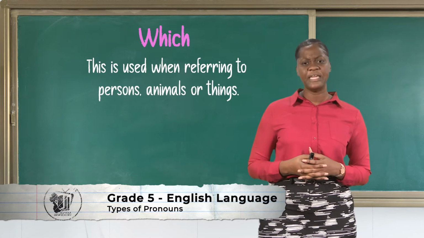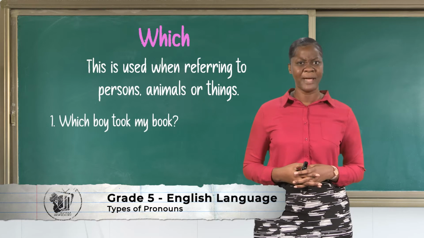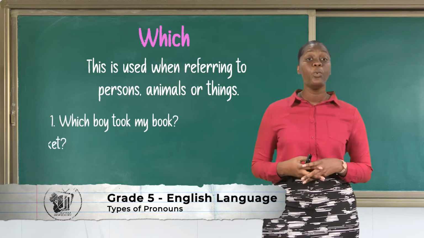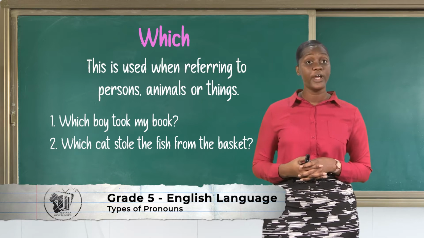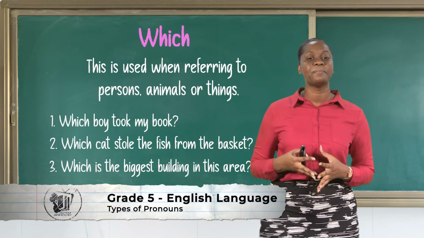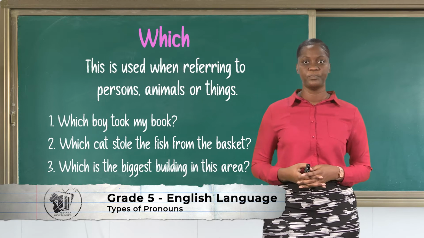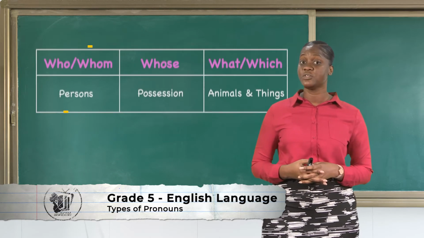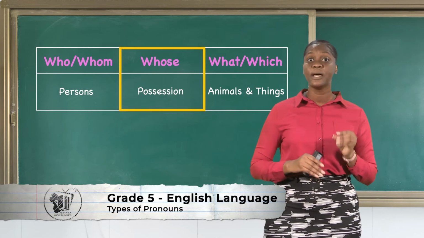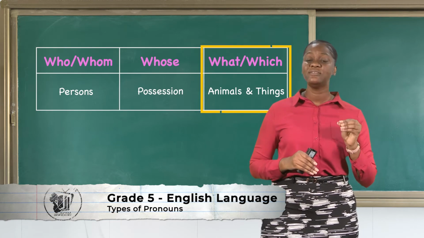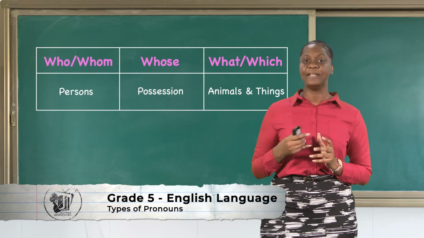So we may say, which boy took my book? Or, which cat stole the fish from the basket? Or, which is the biggest building in this area? So remember, boys and girls, who, whom, persons. Whose, possession. What and which, animals and things.